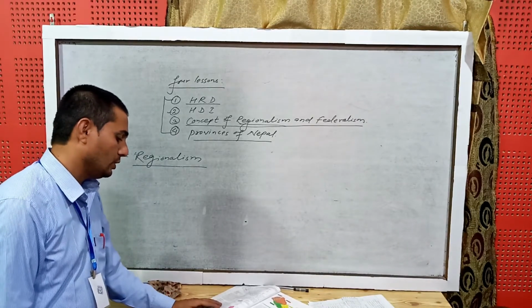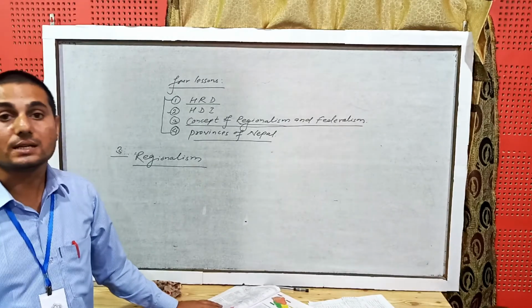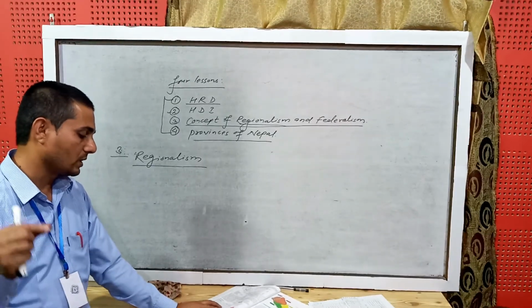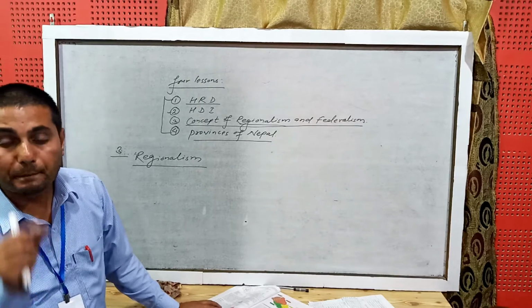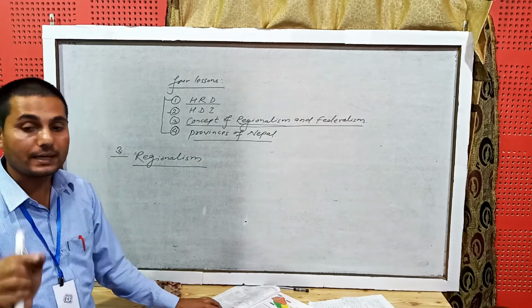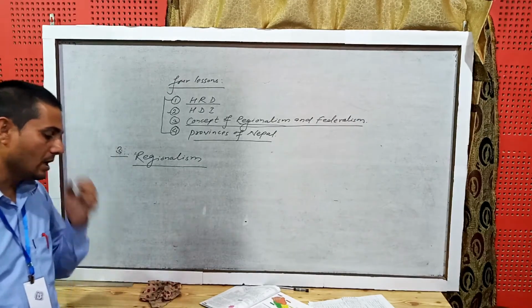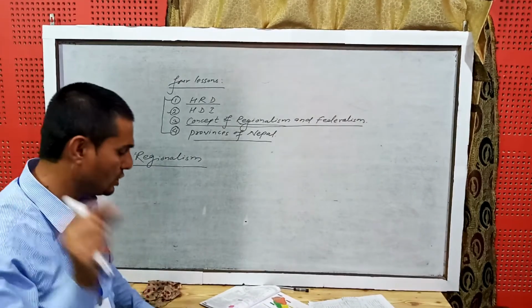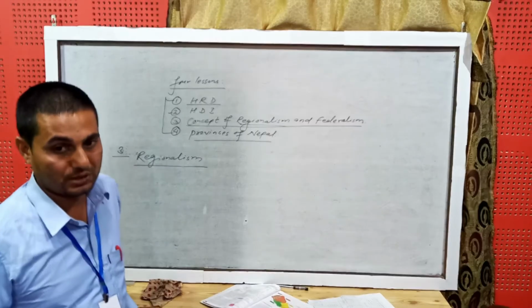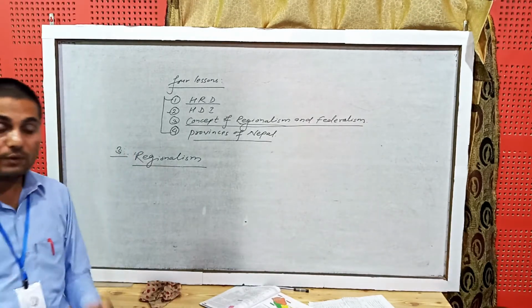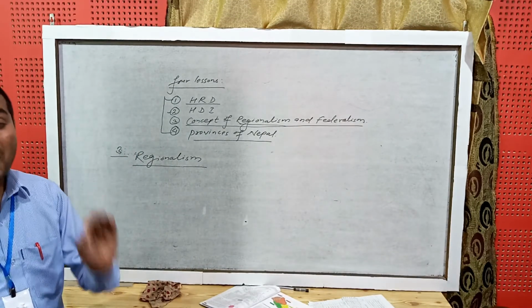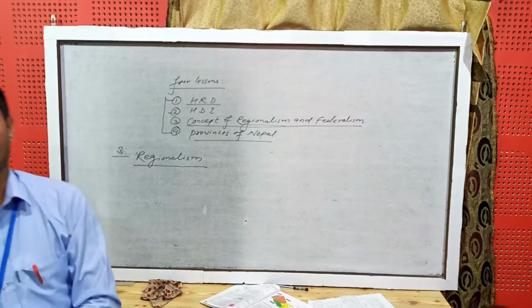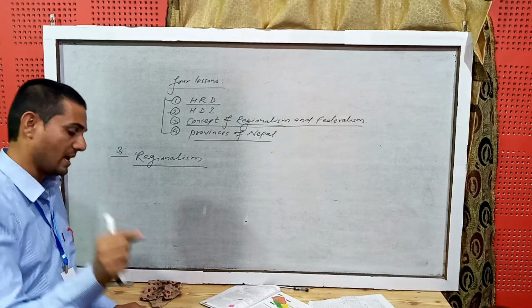It is a political system of government in which power is divided and delegated to the central authority and other constituent political units. Distribution of power to the local bodies, local units is called federalism.